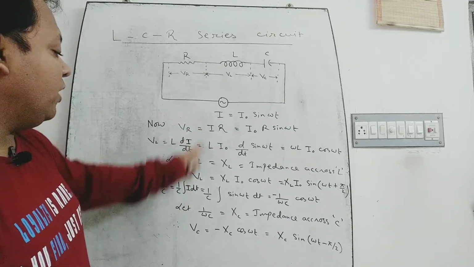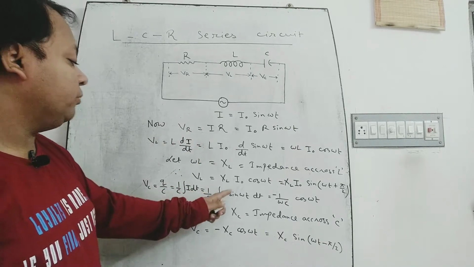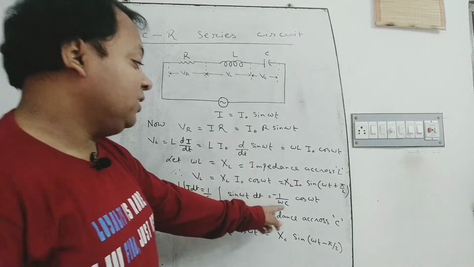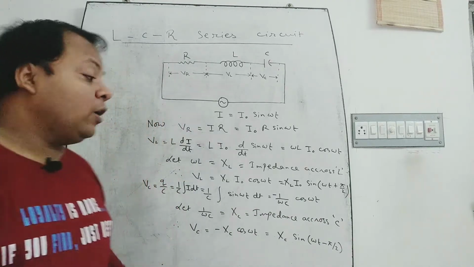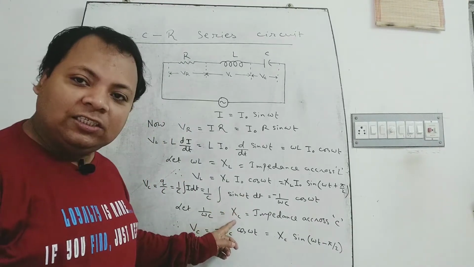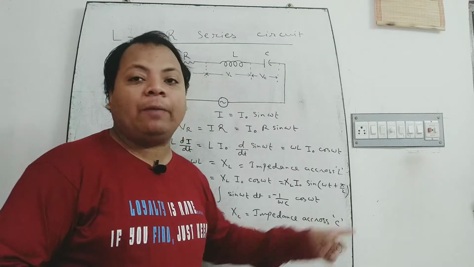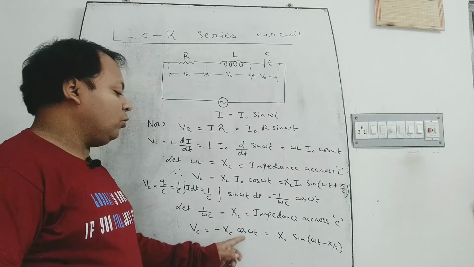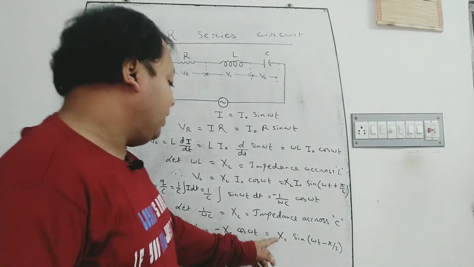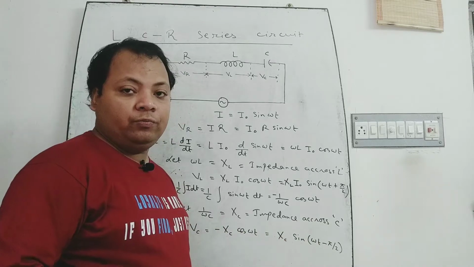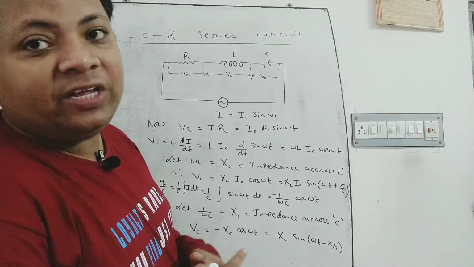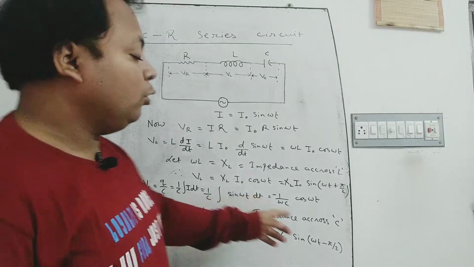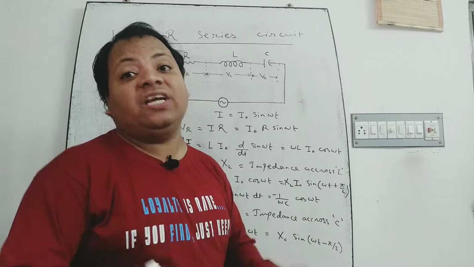This gives 1/C times the integration of sin ωt dt, which is equal to minus 1/ωC cos ωt. Let 1/ωC equal XC, the impedance of the capacitor C. Therefore, we can write VC is equal to minus XC cos ωt. This is equal to XC sin(ωt − π/2).